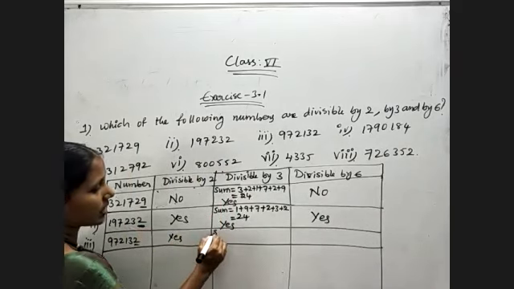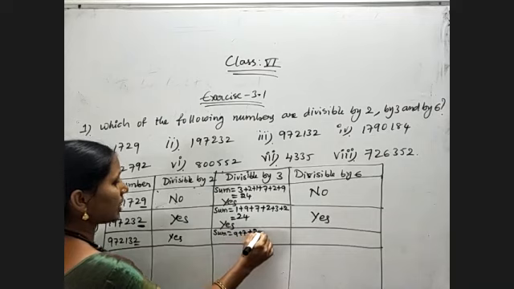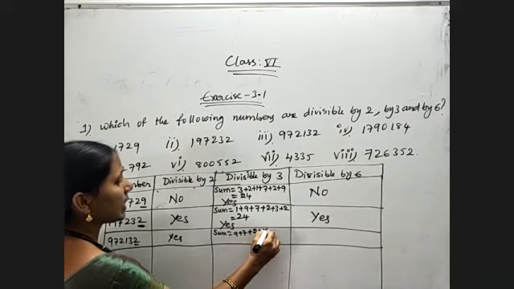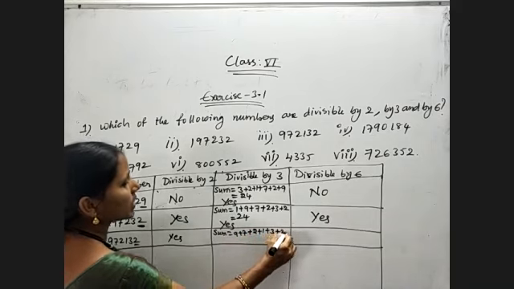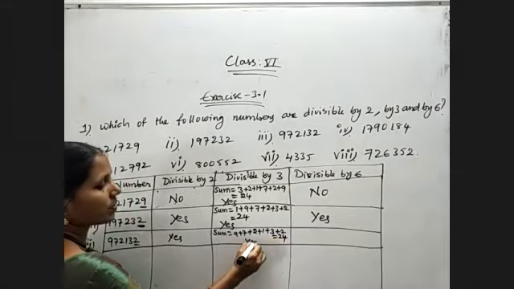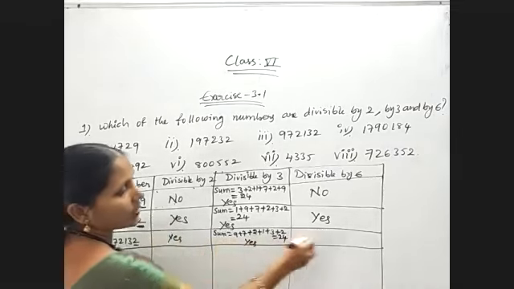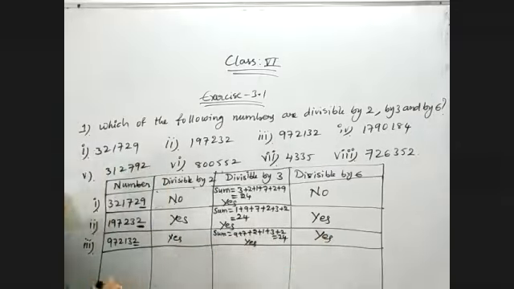And the sum of the digits is 9 plus 7, 16, 16 plus 2, 18, 18 plus 1, 19, 19 plus 3, 22, plus 2 equals 24. So because we got 24, it is also divisible by 3. So the number is divisible by 2 and 3. That's why it is divisible by 6 also.